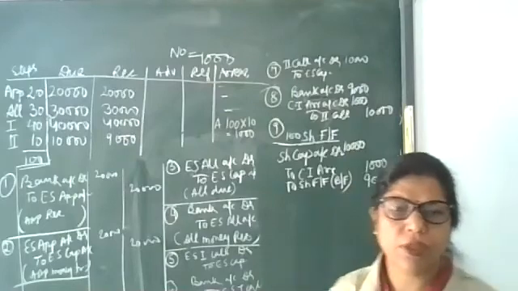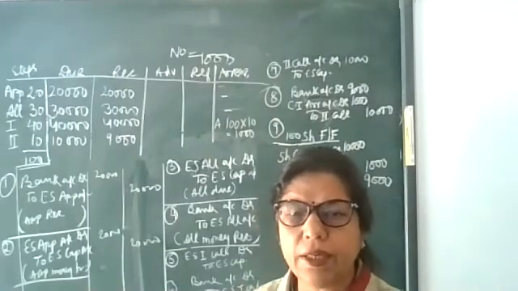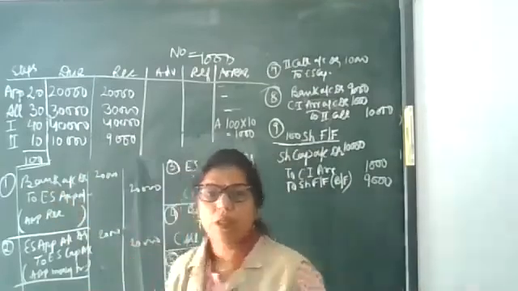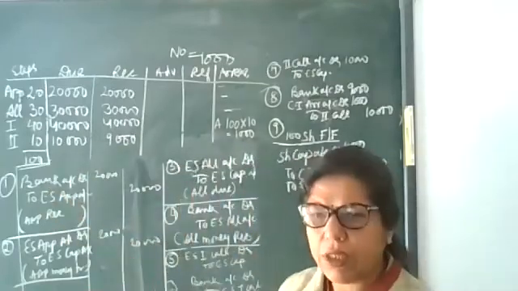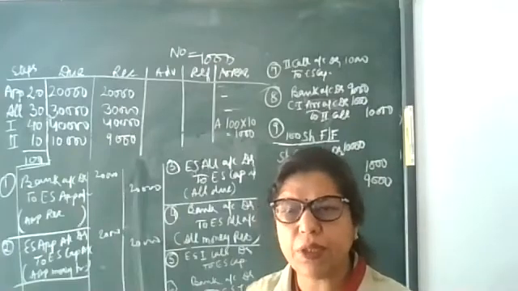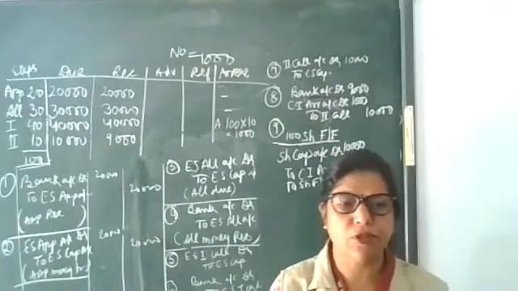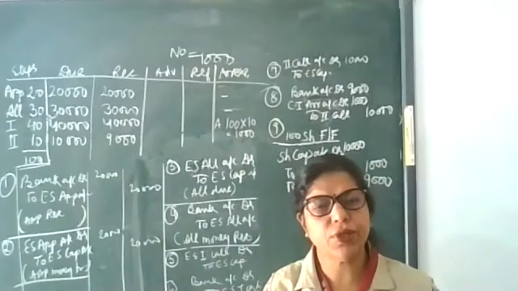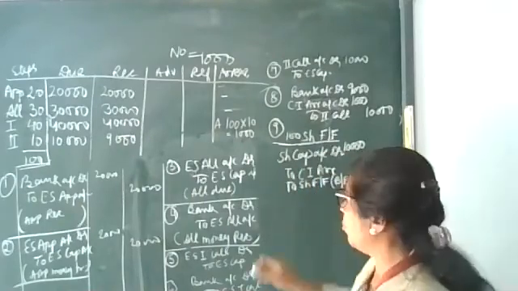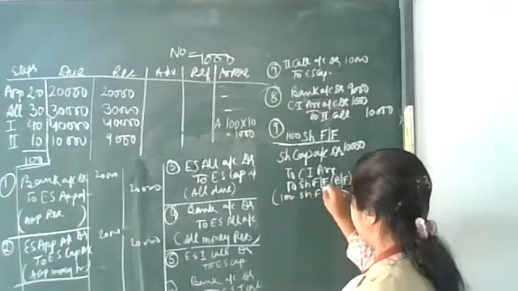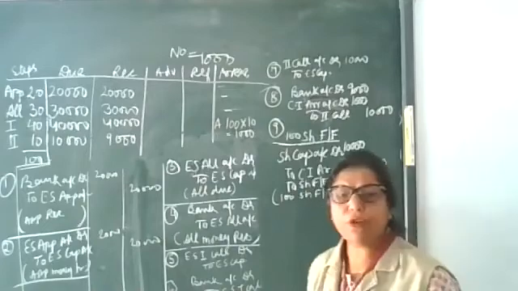Because that will be 10,000. Why 10,000? Because 100 into 100, 100 shares of 100 rupees each. Or we can have one formula also here, number into rupees. So you will write 100 shares forfeited.